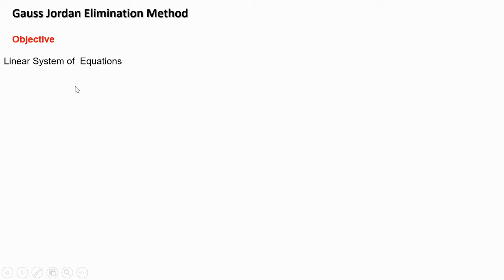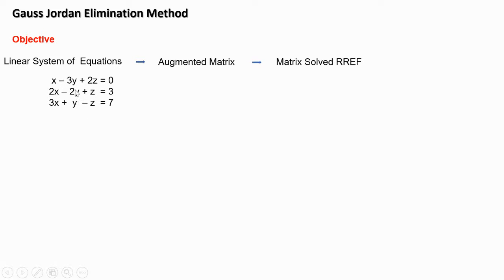Okay, this is called linear systems of equations. Then I'm going to go to the augmented matrix and then to reduced row echelon form, which is RREF. This is an example of a linear system of equations. Augmented matrix means, you see, I only get the coefficients here. This is a matrix, but only the coefficients.